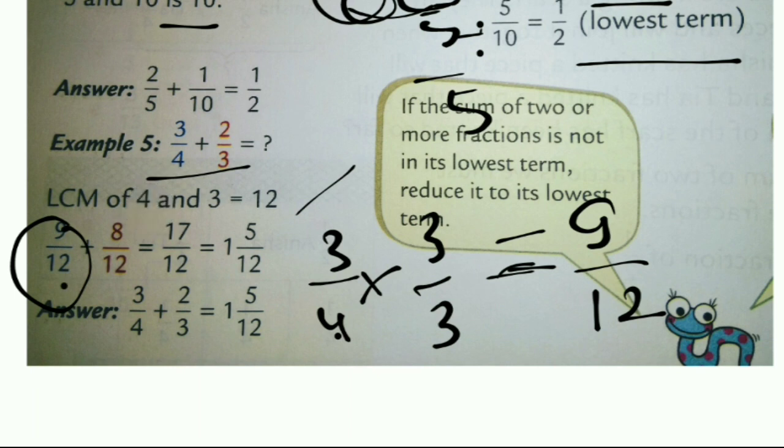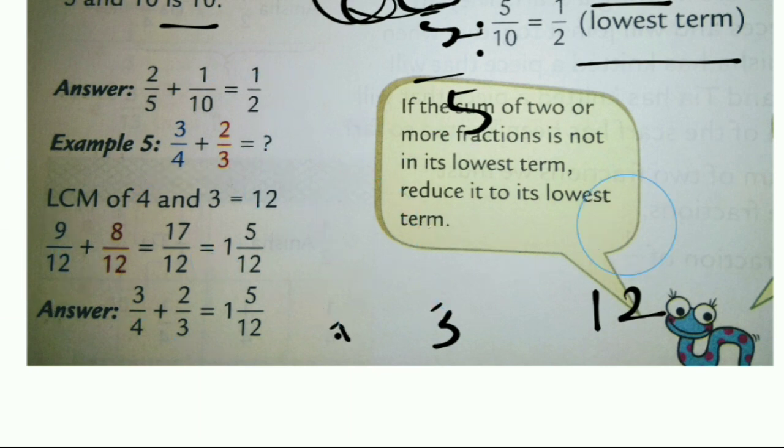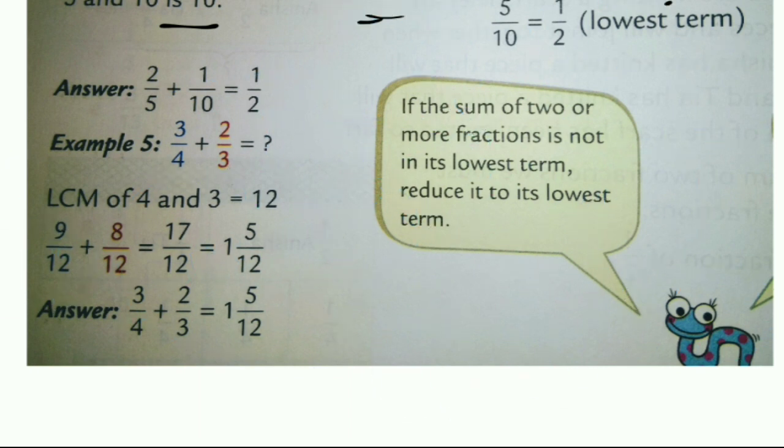Then after that, now we have the same denominator, so we will add the numerators. 9 plus 8 equals 17. 17 upon 12. In this one, we will convert it to a mixed fraction. How will we convert it to a mixed fraction? That also we have to learn.